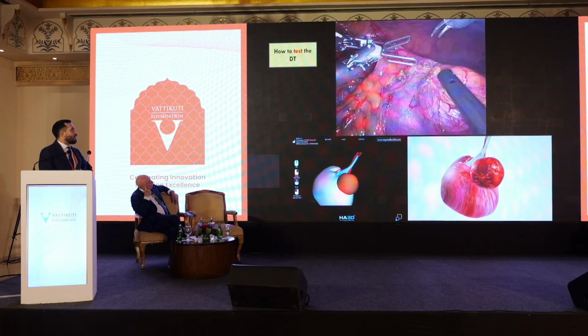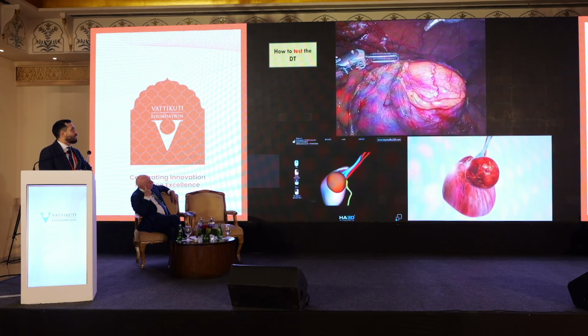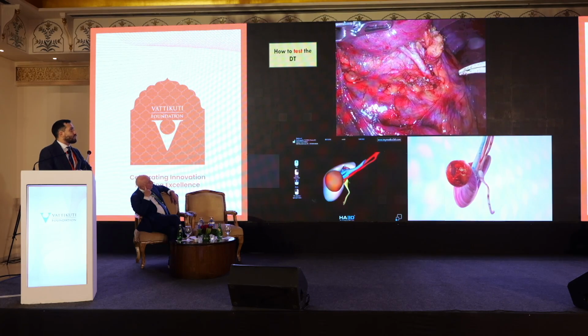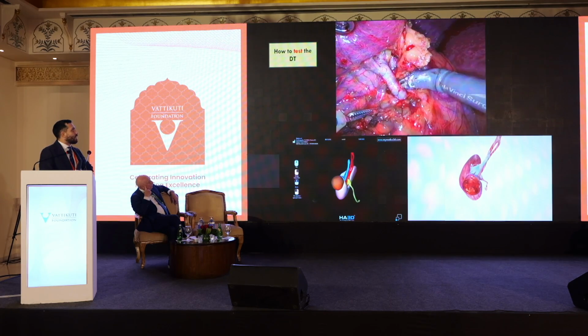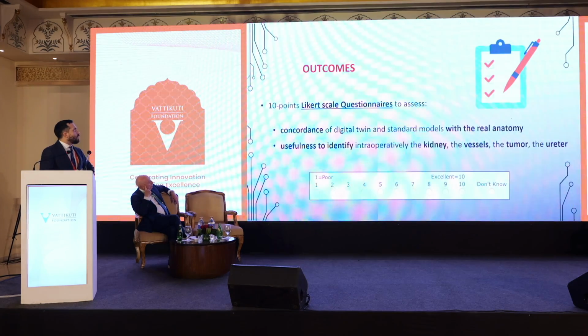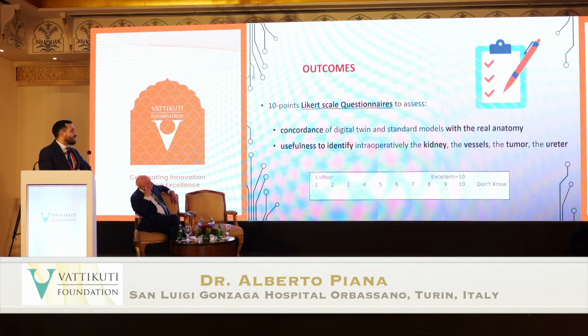So for the kidney isolation, the tumor isolation, the pedicle dissection, and the ureter identification. We used a 10-point Likert scale questionnaire to assess how these models concord with the real anatomy and their usefulness in identifying intraoperatively the kidney, the vessels, the tumor, and the ureter.